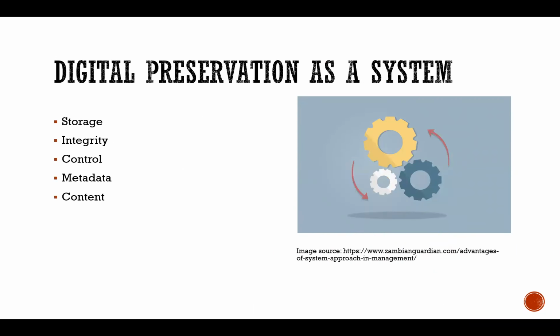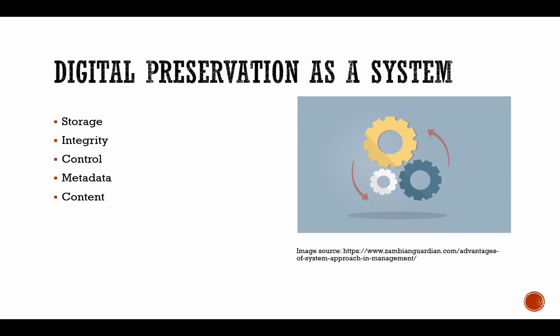And that system includes 5 key areas: storage, integrity, control, metadata, and content. Storage is the thing that I think most of us think about when we think about digital preservation. Where are we going to store all this stuff? So you need to have a plan. How many copies are you going to keep? Where will you keep them?